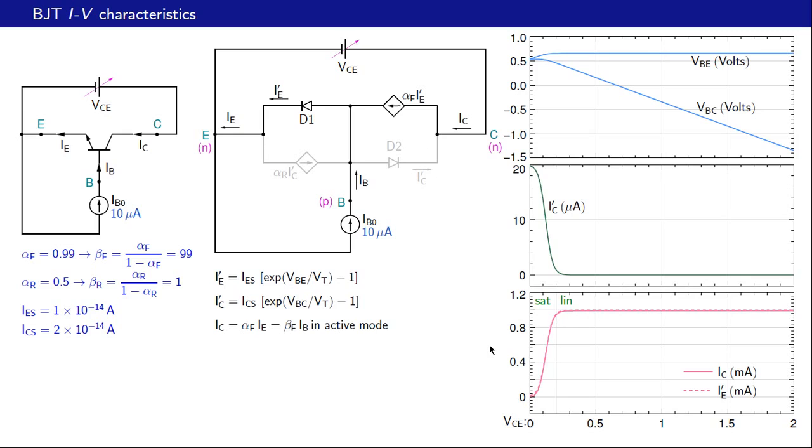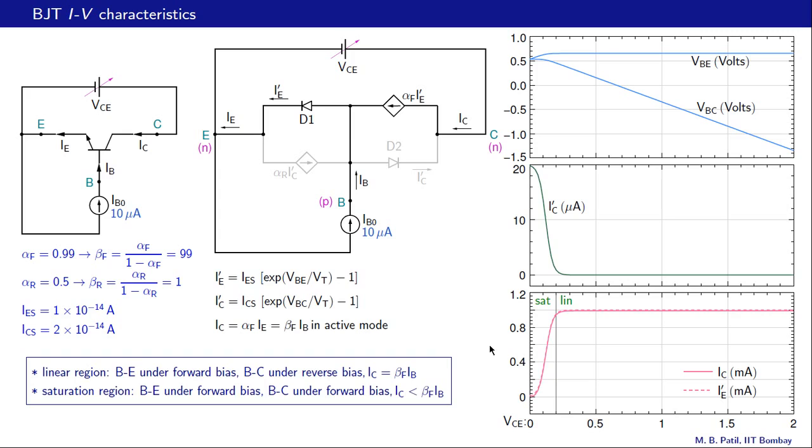So let us summarize these observations. We have a linear region, the right side of that line, in which the base emitter junction is under forward bias, base collector junction is under reverse bias, and IC is beta times IB, and in this example it is about 1 milliamp.